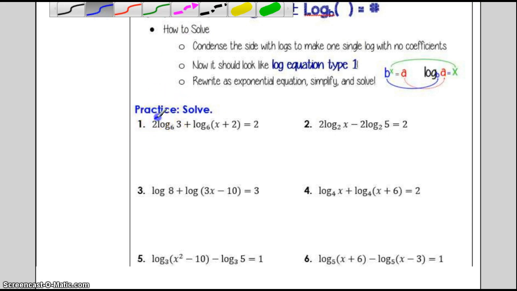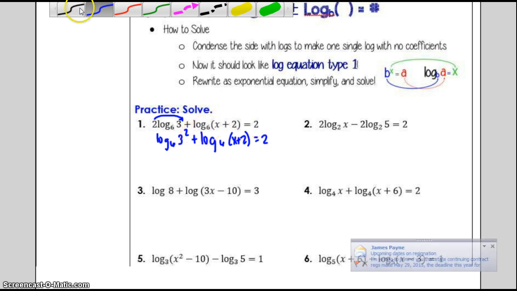So we want to condense, but remember that starts with coefficients. So it's going to be log base 6 of 3 to the second power plus log base 6 of x plus 2 equals 2. Then what we want to do is change this addition into multiplication.